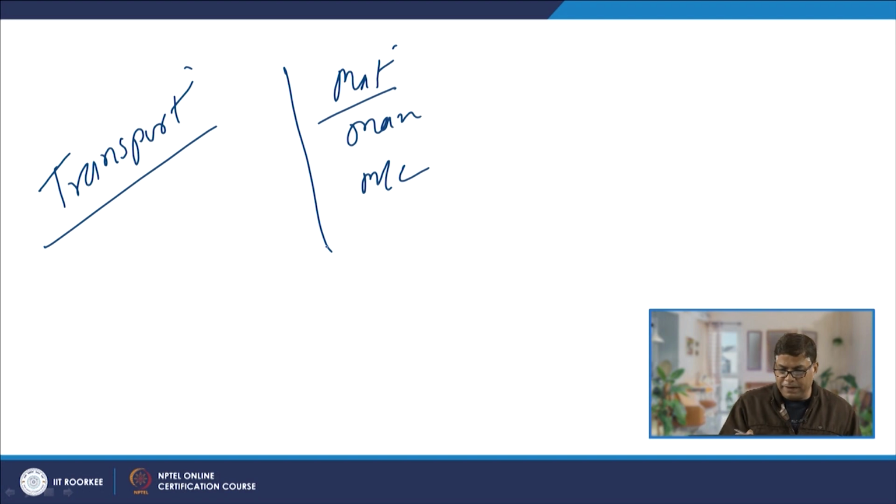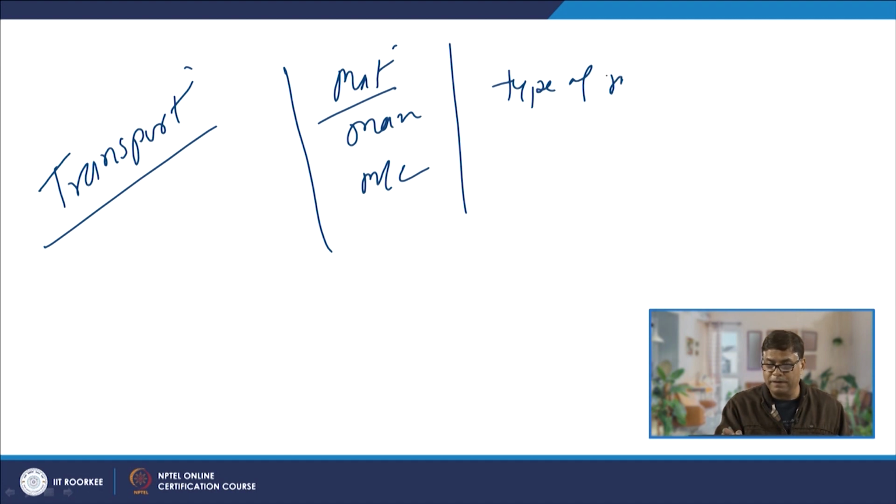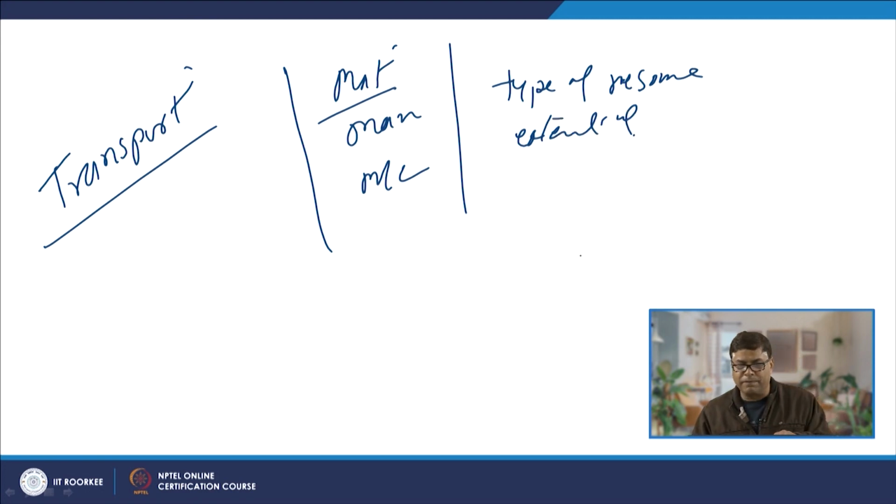So, depending upon the kind of movement needed: first, the type of resource to be moved, whether it is man, material or machine; then the extent of movement. What is the quantity? It is just 10 or 10,000 or 10 lakhs. And whether the movement is random or continuous.